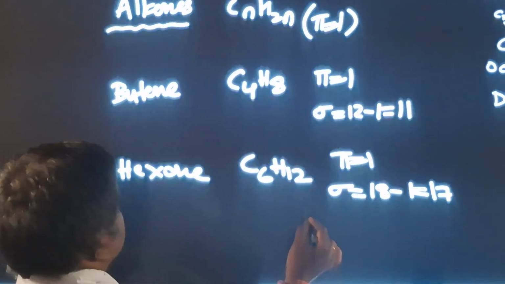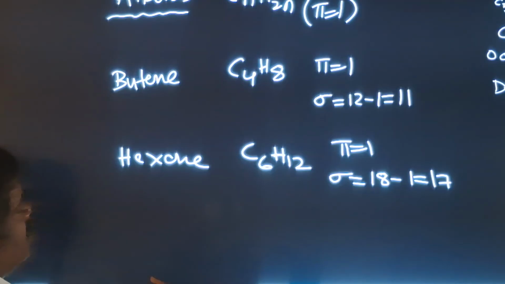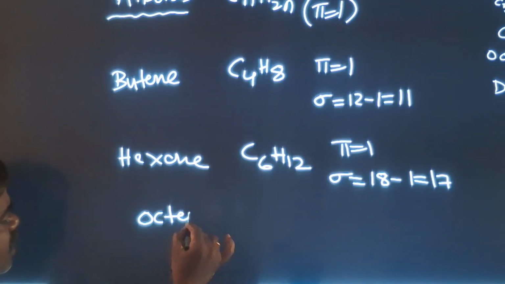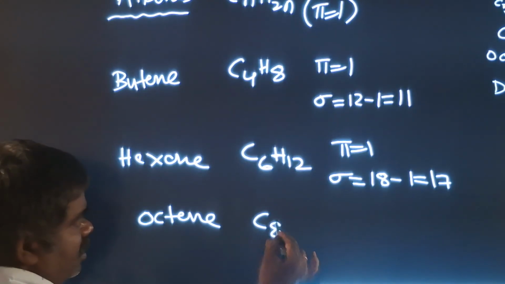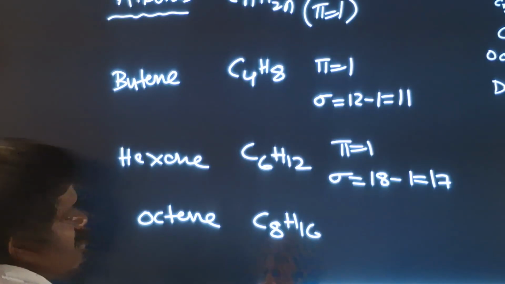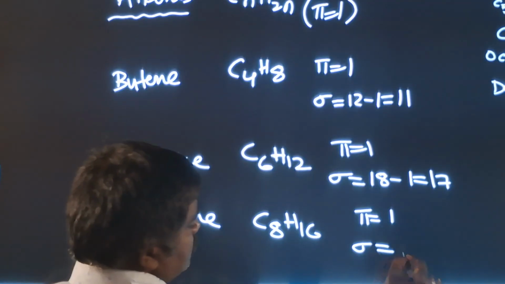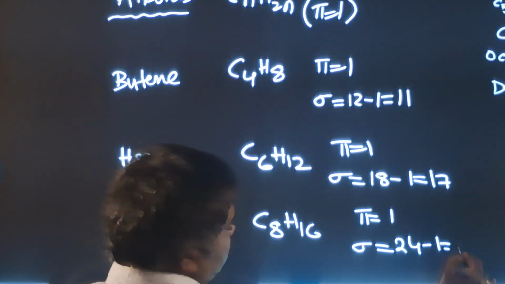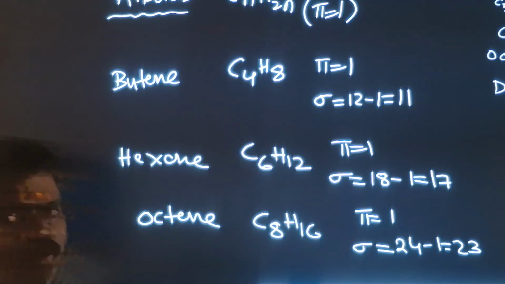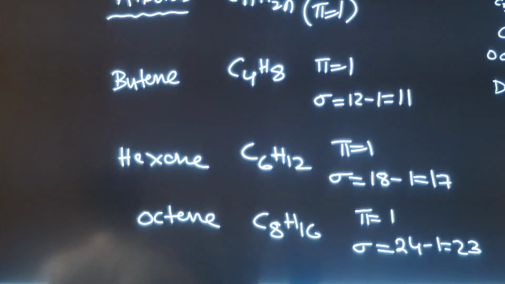Another one, take octene, C8H16, pi bonds 1, sigma bonds 24 minus 1, 23. This is about sigma and pi bonds in alkenes.